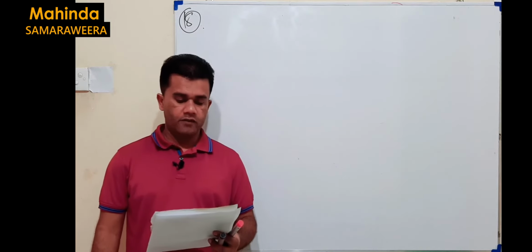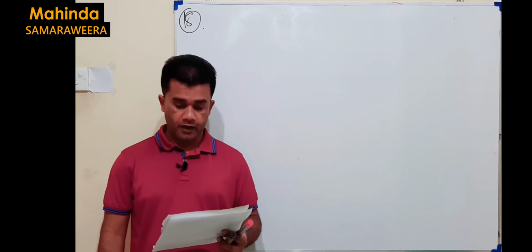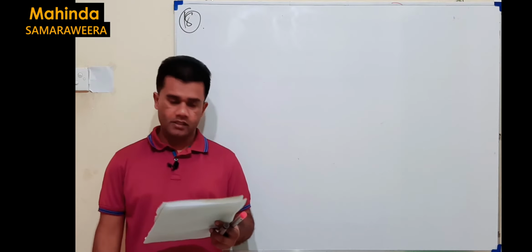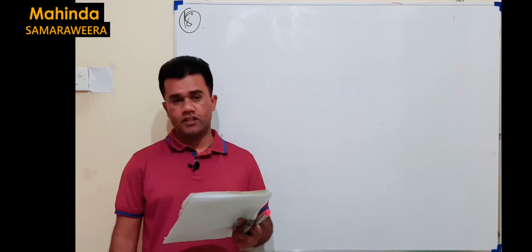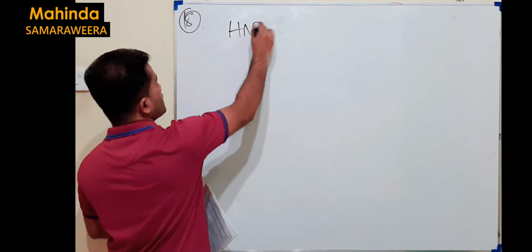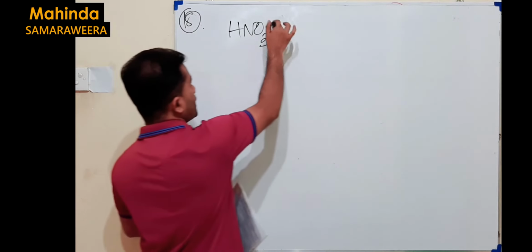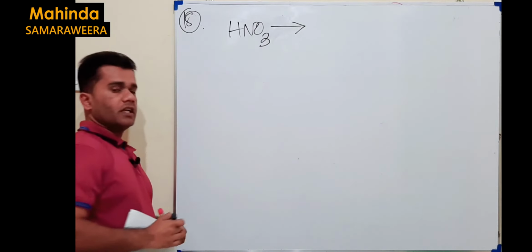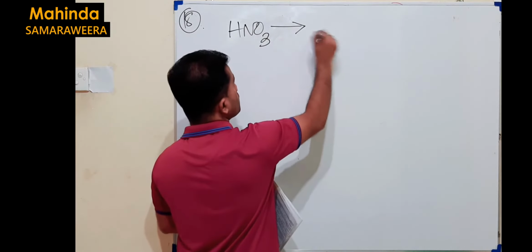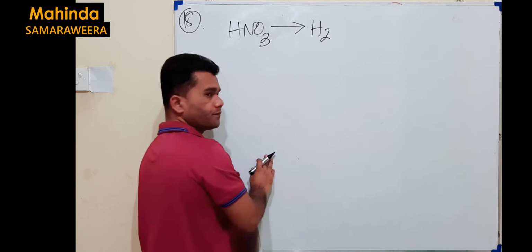Question number 18. Which among the following metals gives 5 different products on reaction with nitric acid depending upon the concentration of nitric acid? You know, nitric acid is an oxidizing agent. Therefore, it undergoes reduction. Sometimes it reduces up to the stage of hydrogen.